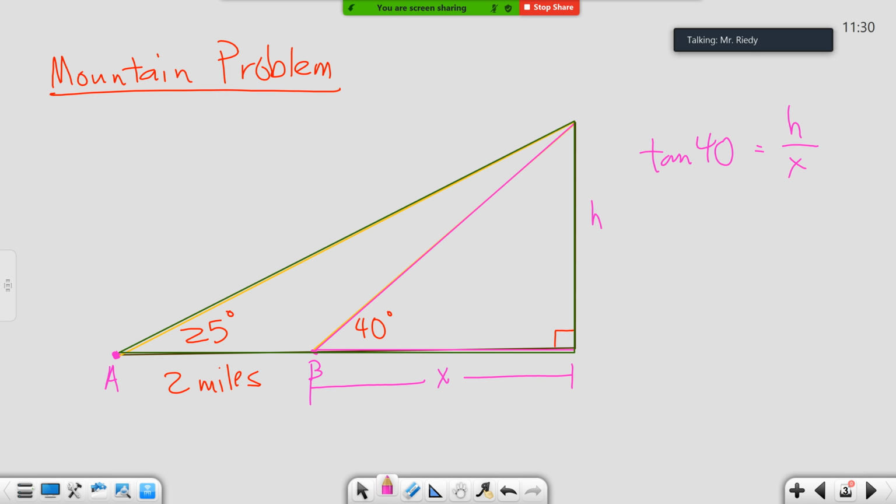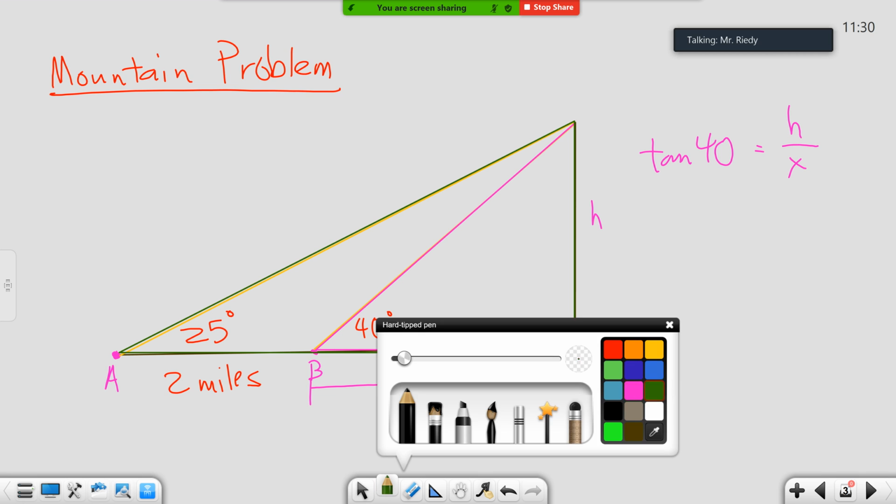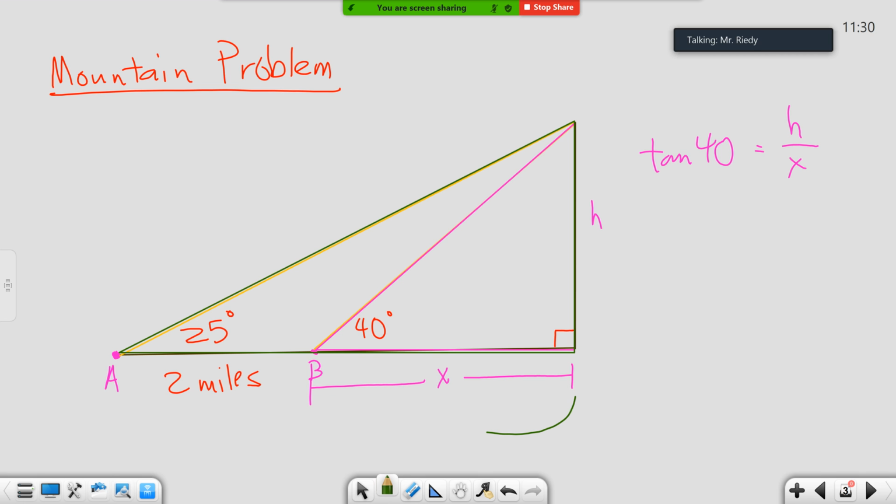Not a solvable problem. There's 2 variables, 1 equation. Can't solve it, so we need another one in green. Before we do that, how long is that, Marcus? How long is which point? The green.